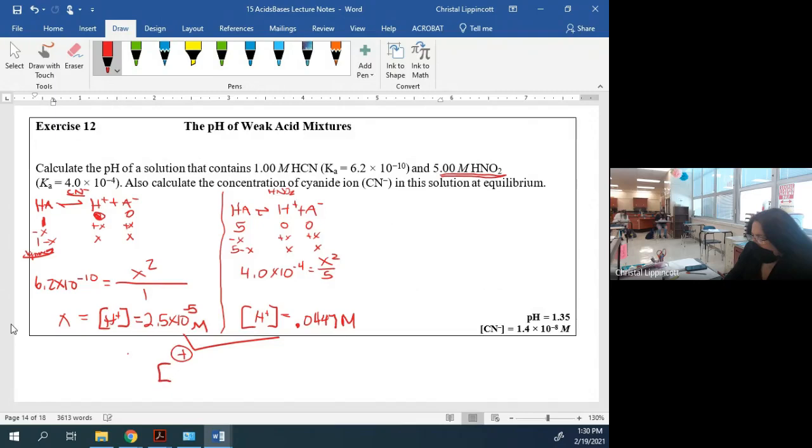When you add them together, you essentially get this, because this was such a small magnitude compared to this. You end up with 0.0447 molar. Then if we take the negative log of this, your pH should end up being 1.35.